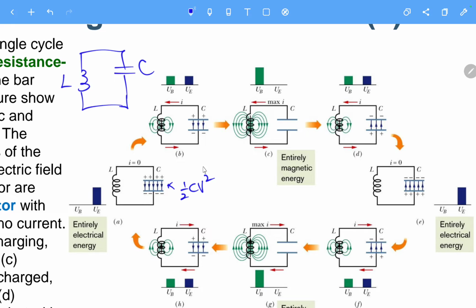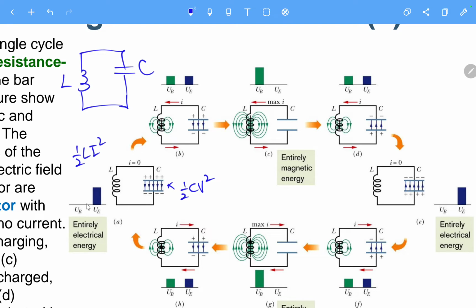It's up to you. But let's start from here, which is part A. In that case, all the energy is stored in the capacitor, so UE is maximized and UB is 0, because the energy stored in the inductor is 1/2 Li squared, and initially we don't have any current.